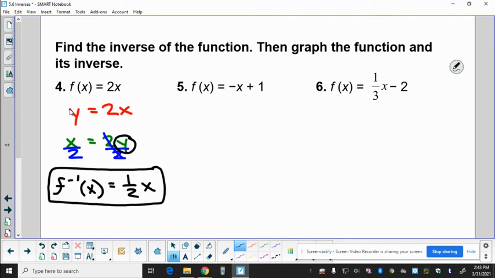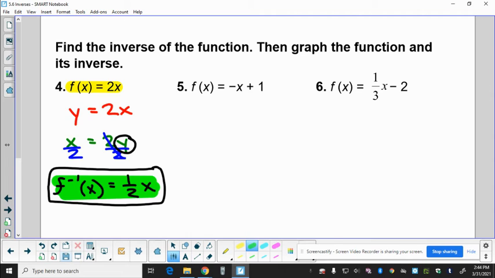Now if you go to Desmos and you graph the original function and the inverse, you will see that they are mirror reflections of one another, symmetrical with respect to the line y equals x. Now, I'm not going to go ahead and graph it, but if you did, you would see that. Let's go on to number 5.